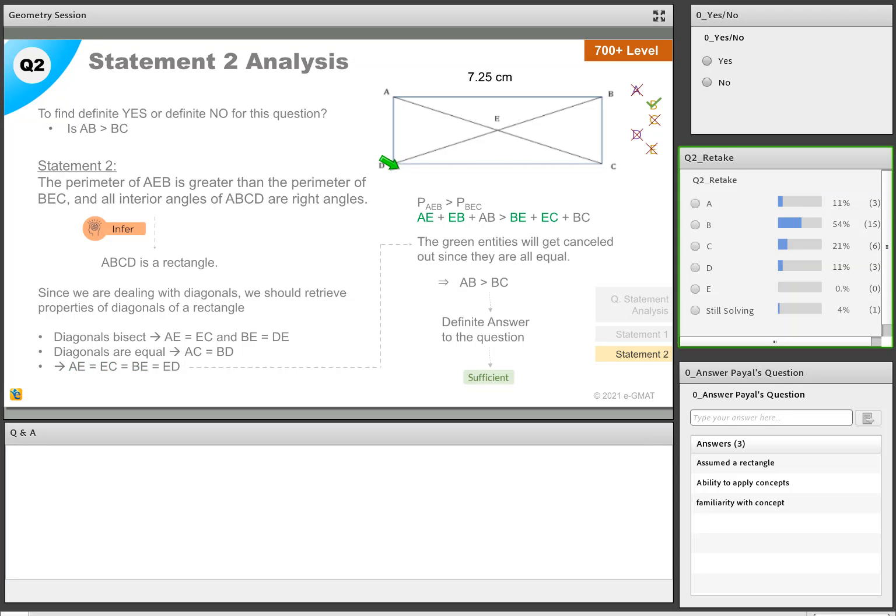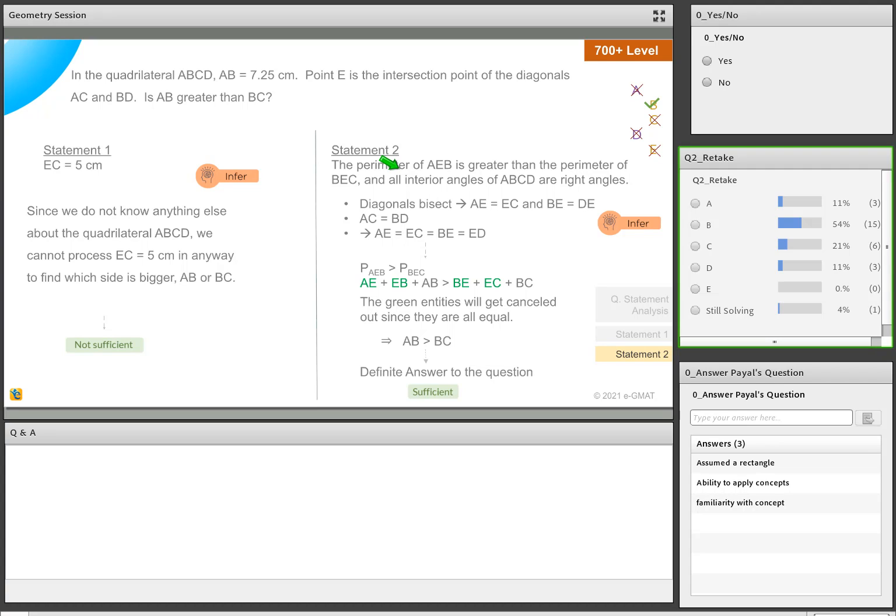Okay. So now tell me, I'm very happy with the performance of this class for this question. How many of you selected choice B for the right reasons? I've gone through the solution with you. How many of you selected choice B for the right reasons?